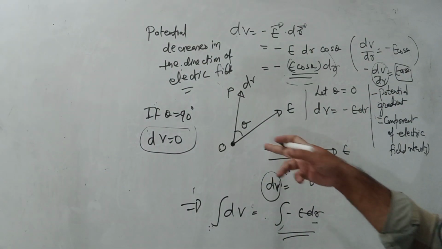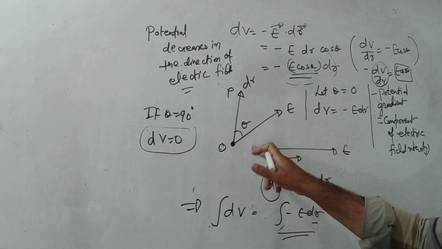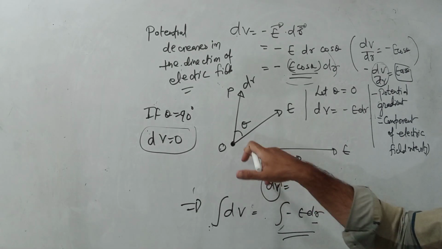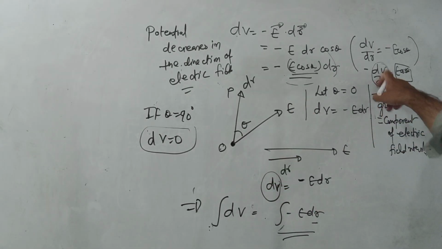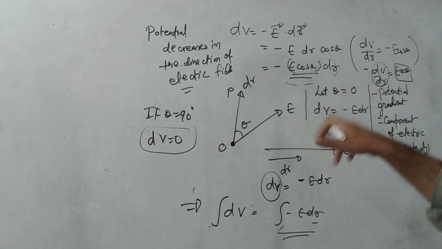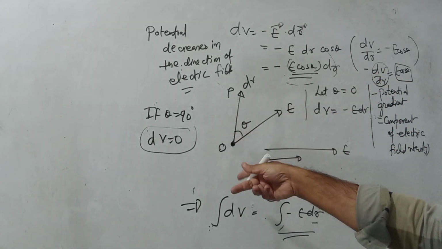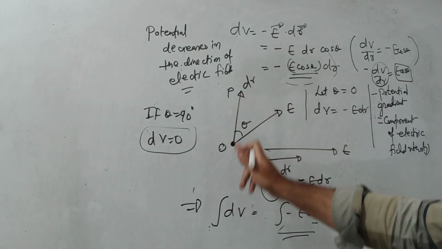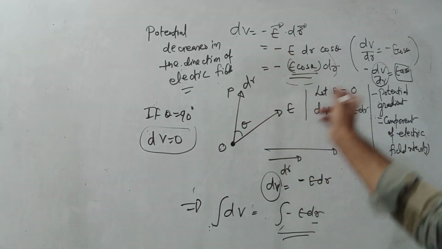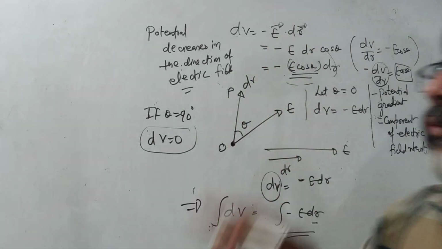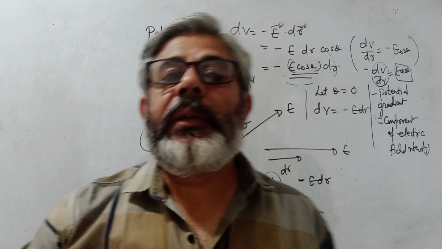And suppose you know the potential at some point, then what can you do? You can differentiate the potential with respect to r, and the negative of that would be the value of the electric field in that particular direction.